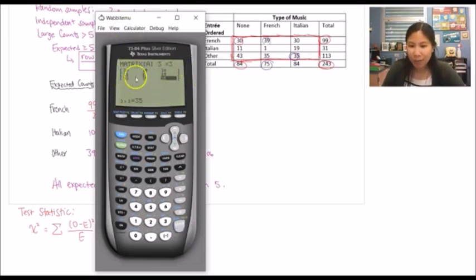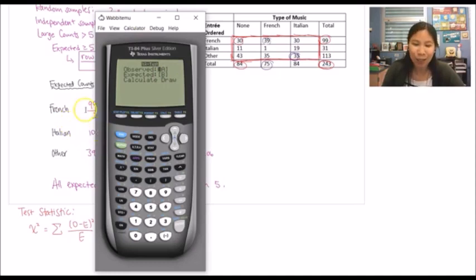Now that this is filled in, I'm going to go back to my test. Second quit, back to my tests here, to chi-square test. Okay, so now I've put my observed values into matrix A. It wants my expected values to go into matrix B, but we don't actually have to type in our expected values.